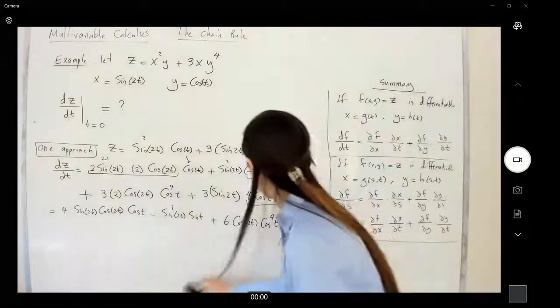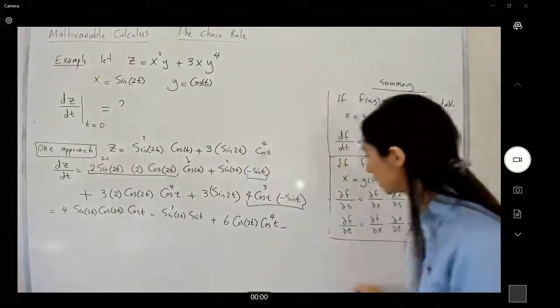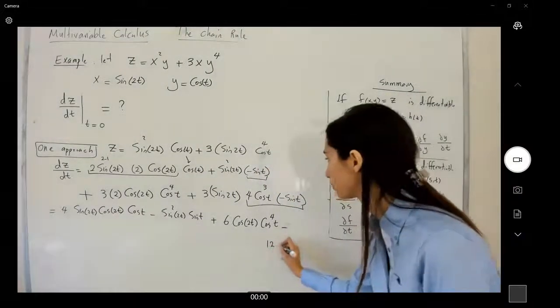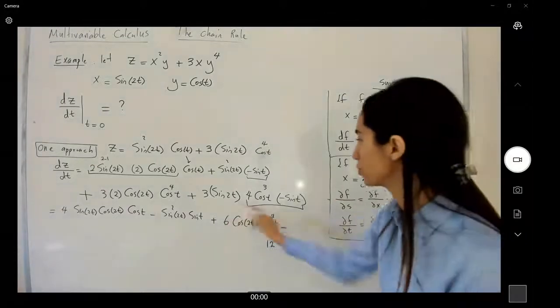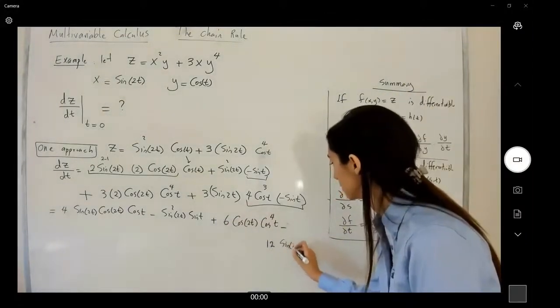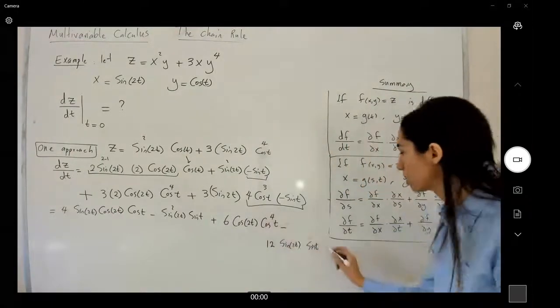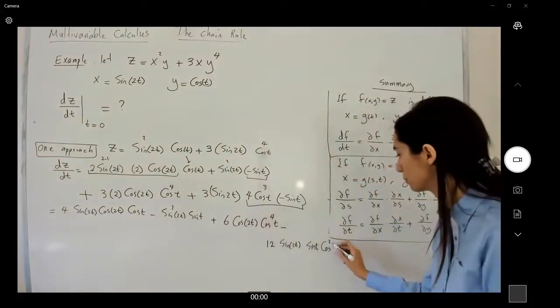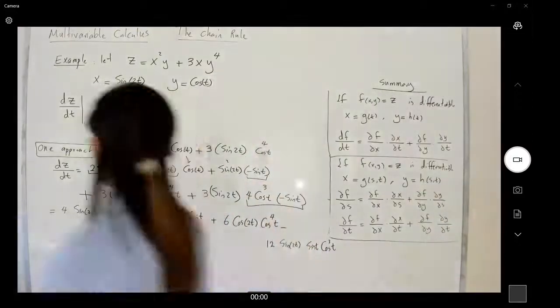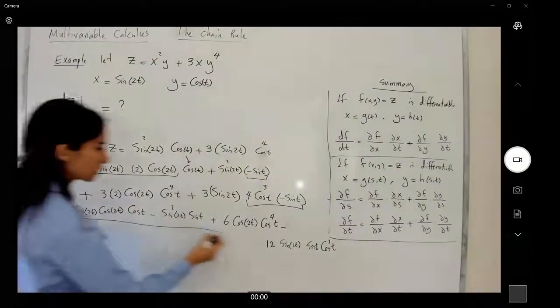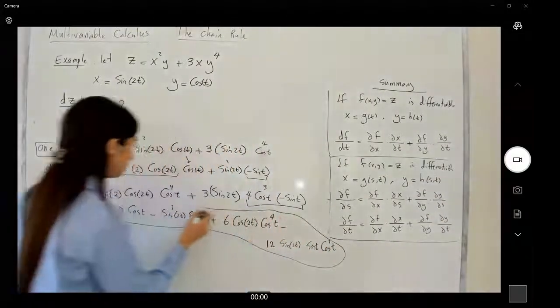So let me write this down for you, minus 12 sine 2t times sine t times cosine to the third. This is the derivative of this function with respect to t.